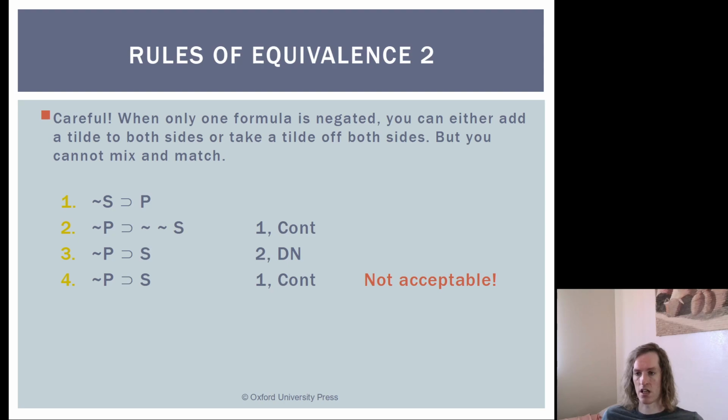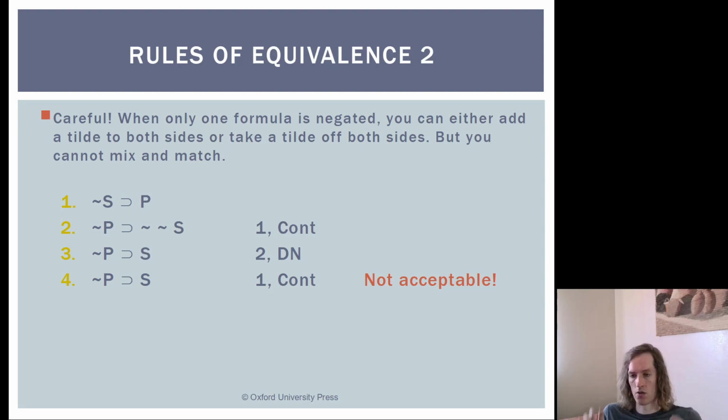So you can see here in the first line we have if not S, then not P. Well, if we apply contraposition, then we get in line 2, if not P, then not S. And then in line 3, we can apply double negation to line 2.